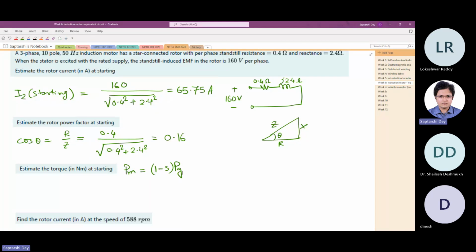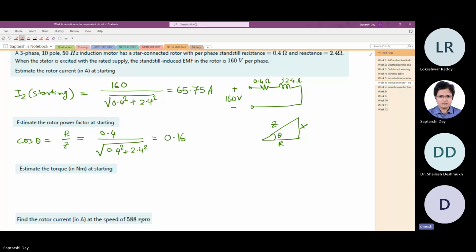This gives PM 0. PM cannot be 0. Okay, power has to be 0 because the speed is 0. You cannot do it from here. You got the point, no? I was trying to find it from here, but at standstill, the machine speed is 0. There is non-zero torque, but since the speed is 0, the power is 0. From a power point of view, you cannot get the torque. To get it some other way.